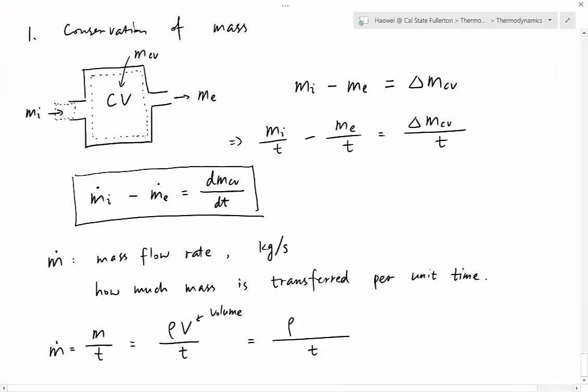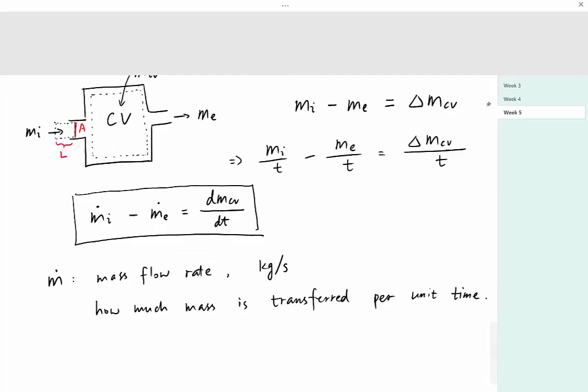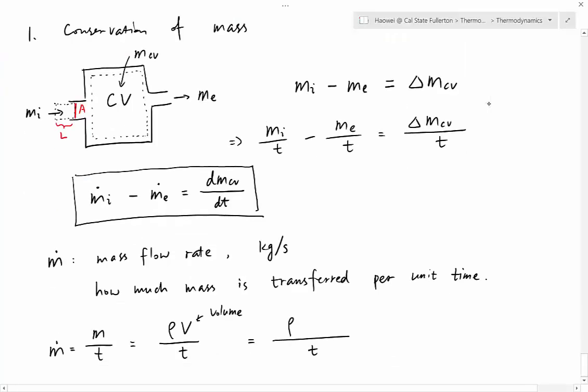Volume is area multiplied by the length. Area is the cross-sectional area of the inlet. So we can rewrite volume into cross-sectional area of the inlet or outlet multiplied by the length.